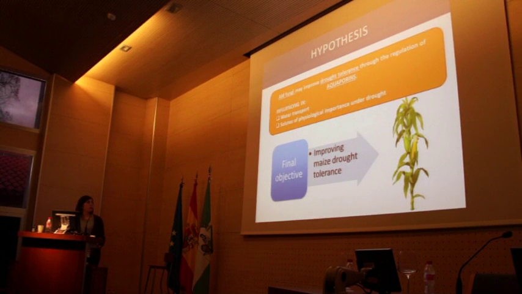So our hypothesis is that the arbuscular mycorrhizal fungi may be improving drought tolerance through the regulation of aquaporins, and this would influence water transport and also the transport of other solutes of physiological importance under drought. The final objective of the project would be the improvement of maize drought tolerance, as we know that maize is a fairly susceptible plant to this kind of stress.